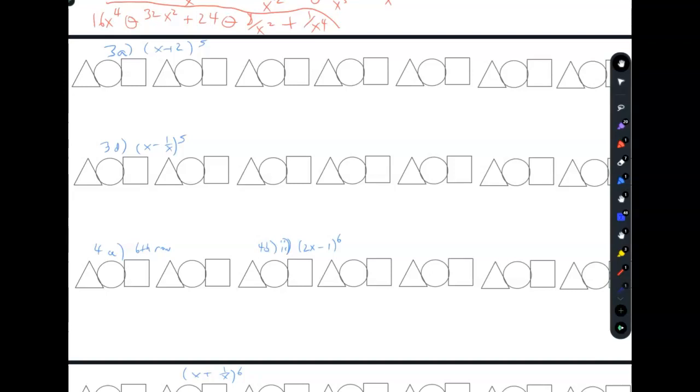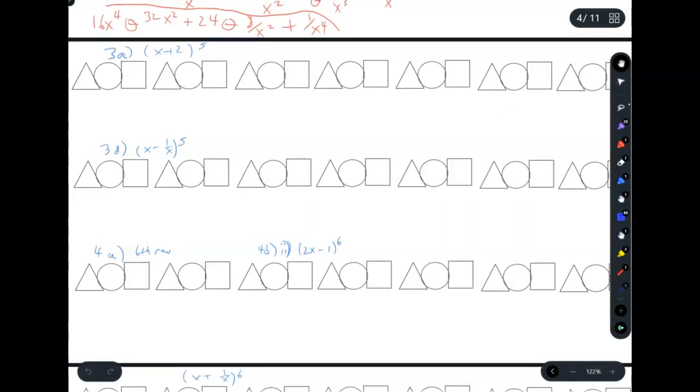Okay, so the 5th. It turns out that the Pascal's triangle coefficients for row 5 is 1, 5, 10, 10, 5, 1. We can kind of remember that because we know the previous row, 1, 4, 6, 4, 1, right?